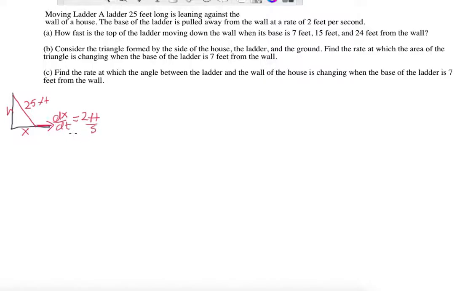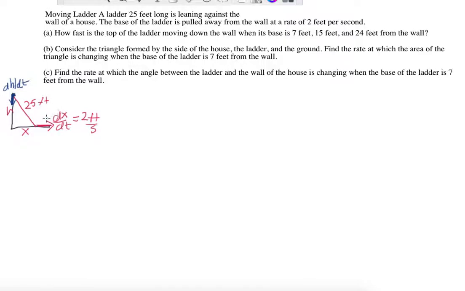second. And so letter A, how fast is the top of the ladder moving down the wall when its base is 7 feet, 15 feet, and 24 feet from the wall? Well, what they're asking there is, how does the top here in blue, how is that changing with time?